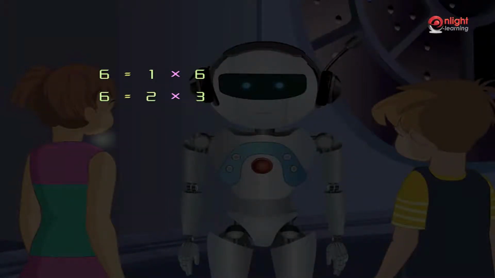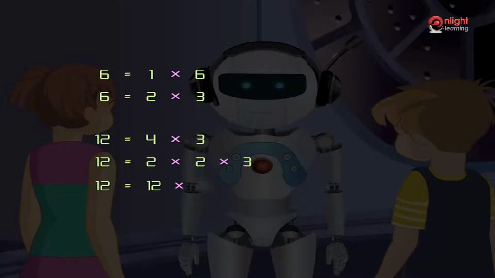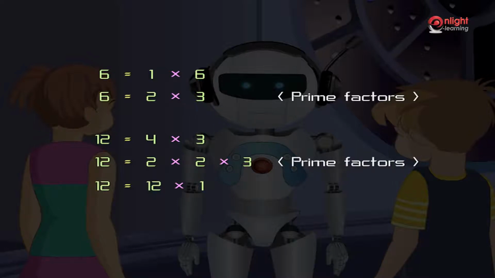Similarly, 12 can be expressed as 4 multiplied by 3 or 2 multiplied by 2 multiplied by 3 or 12 multiplied by 1. We observed that the number can be expressed as a product of only prime factors.